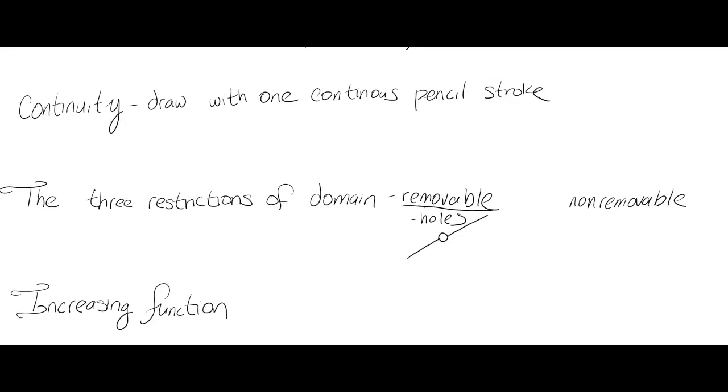Alright, so now non-removable. There's actually 2 non-removables, and that would be jumps, which is where we've got a graph, and all of a sudden it takes off, and it picks back up over here, and it'll literally just jump on over randomly.